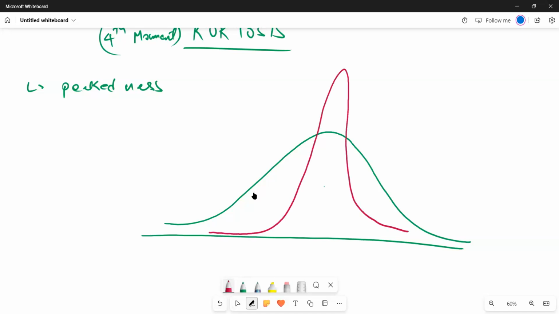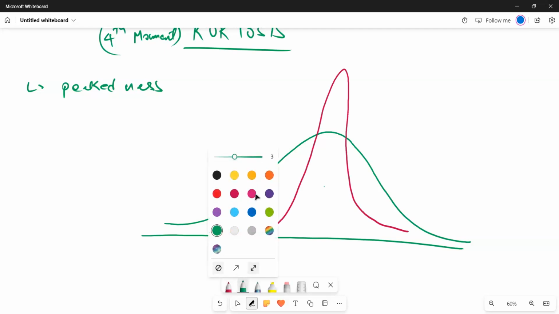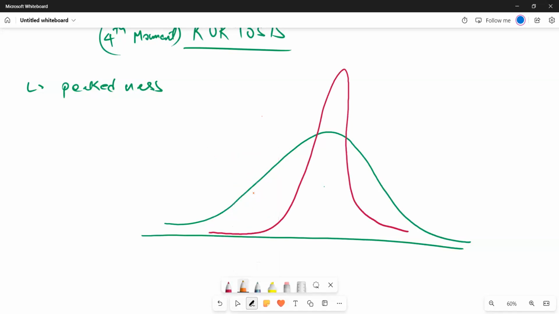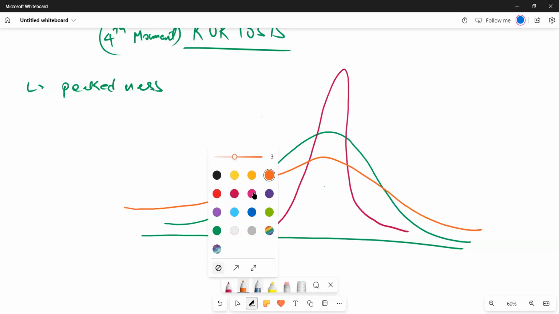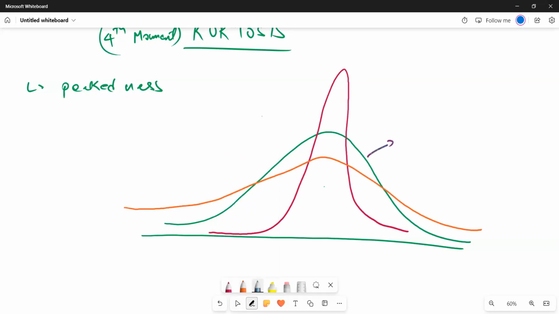If the peak of your data is very much closer to the axis, your data will further spread out, right? So your peak will look like this. The one that is mentioned in green color, this is your normal distribution.